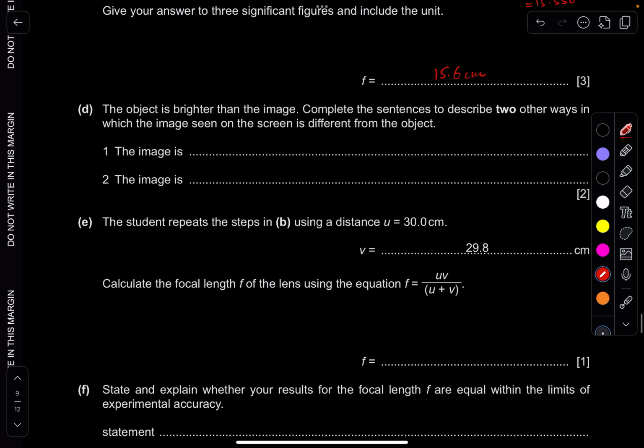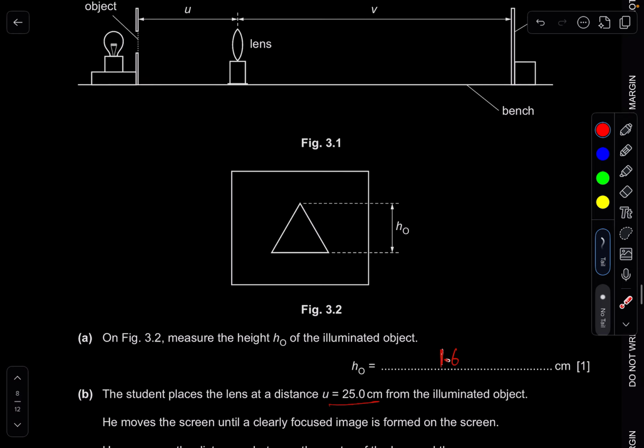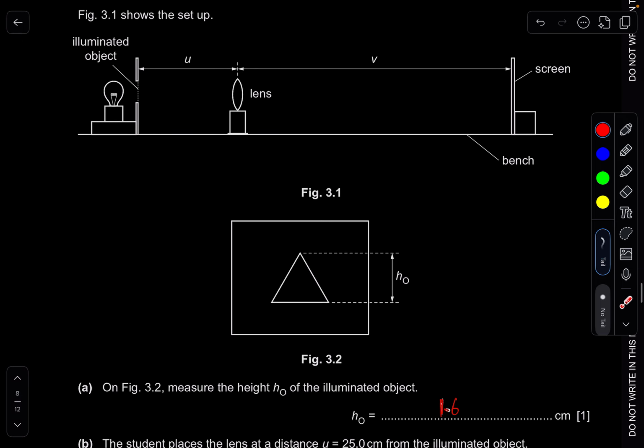Okay, in part D, the object is brighter than the image. Complete the sentence to describe two other ways in which the image seen on the screen is different from the object. Okay, let's see. This is the object and the image is formed by the convex lens. The object is placed very close to the lens and the image is at a greater distance compared to the lens, right?